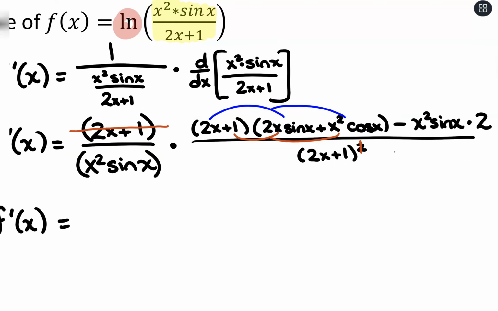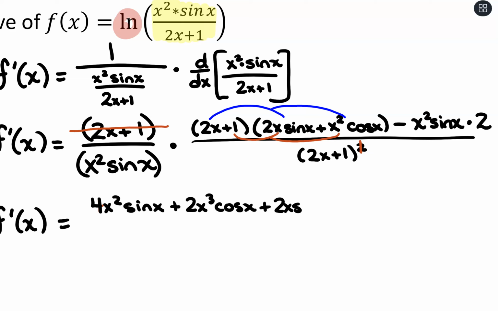So in the numerator, 2x times 2x sine x is a 4x squared sine x. 2x times x squared cosine x, so 2x cubed cosine x. 1 times the 2x sine x and the x squared cosine x.